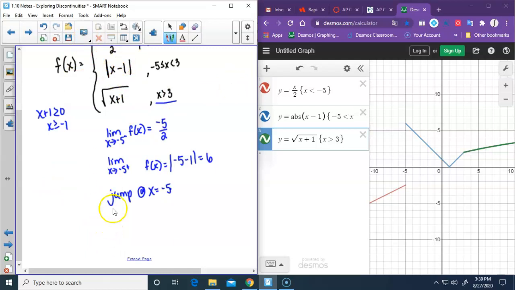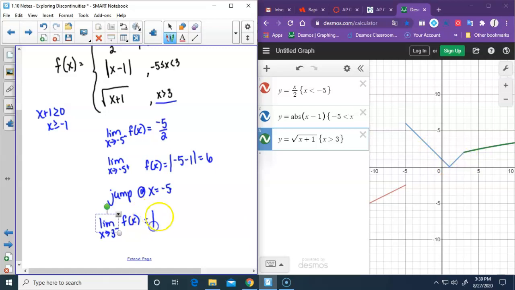So we also need to consider this point right here at 3, and you can tell from the graph it looks like this is probably continuous unless it's very, very close to being off. So if we do the limit as x approaches 3 from the left of f of x, right here is our 3. As we approach from the left, we would be on that absolute value function, which is the middle function.